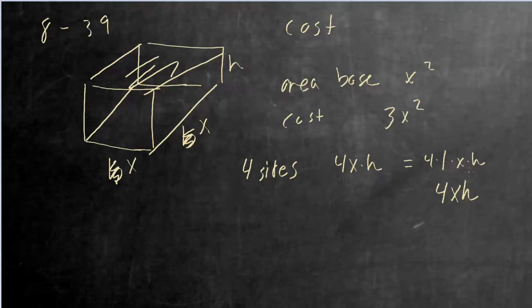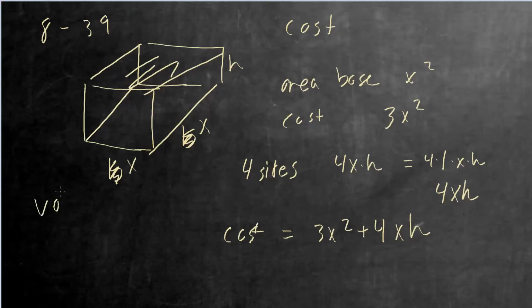Express the total cost of the box in terms of x and h. Well, that's just going to be 3x squared plus 4xh. Use the fact that the volume of the box is 100 cubic feet to eliminate the h from the equation you just wrote. So volume is another equation. There we go. We need another equation.